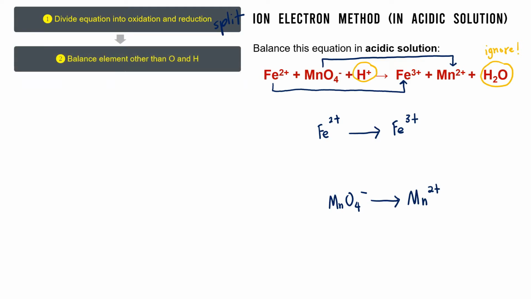Okay, second step, balance element other than oxygen and hydrogen. Okay, so balance element ini merujuk kepada metallic ataupun non-metal lah. So we have to balance the metallic or non-metallic element dahulu, and then baru we go to oxygen and hydrogen. So let's do it step by step or by half equations.